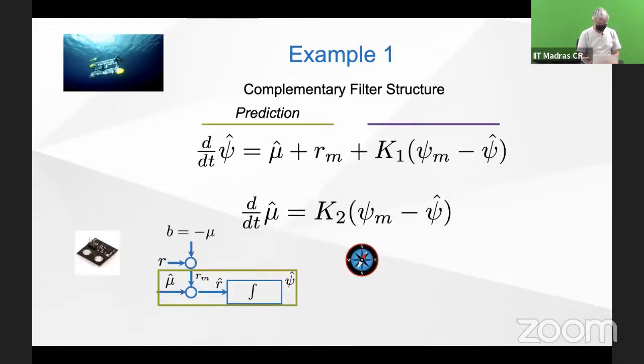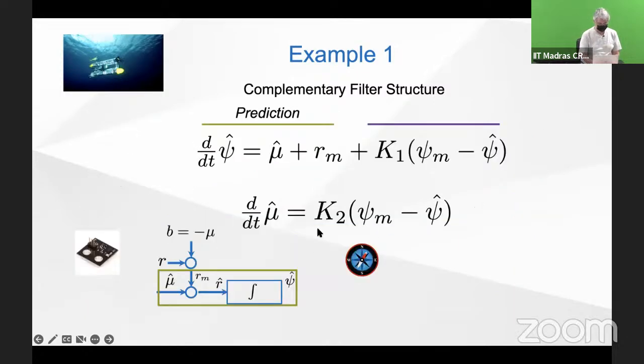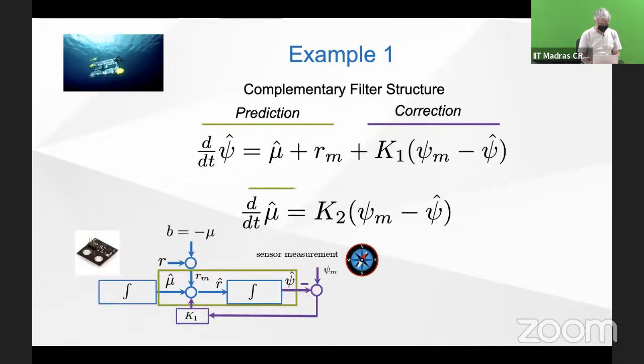Now, let me remind you that when you implement this filter, you have the prediction phase. So that's the prediction phase, going from here to there. And then you have the correction phase, also there.